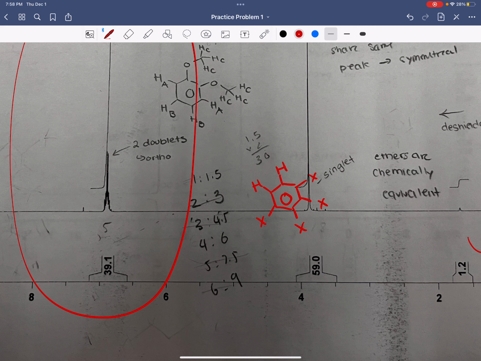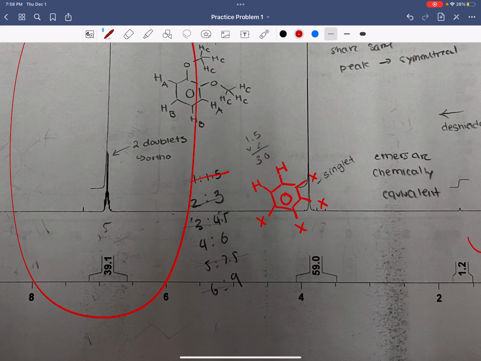But there are also no other peaks indicating other elements other than hydrogens, carbons, and the oxygens in the ether. I then listed out all the potential options and automatically crossed out the fractional numbers because it doesn't make sense to have fractions of hydrogens.